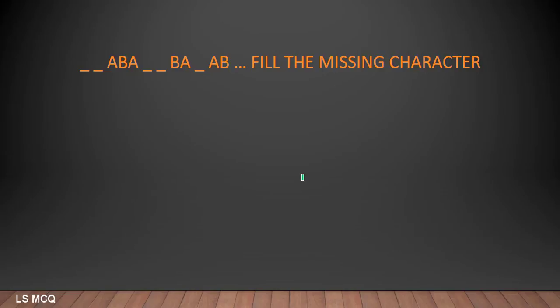Okay, now we will have to fill the missing character here. So for this kind of question, you have to look at the question very carefully and find a repeating pattern. In this question, we can see that the AB pattern is repeated.